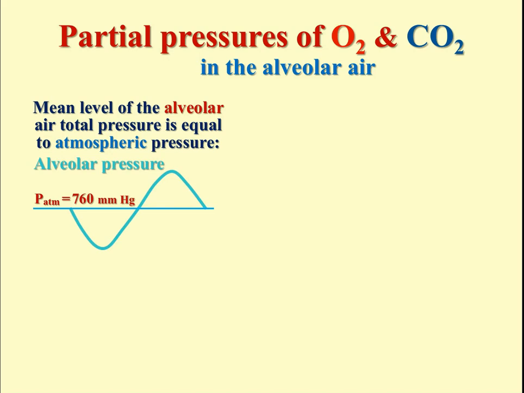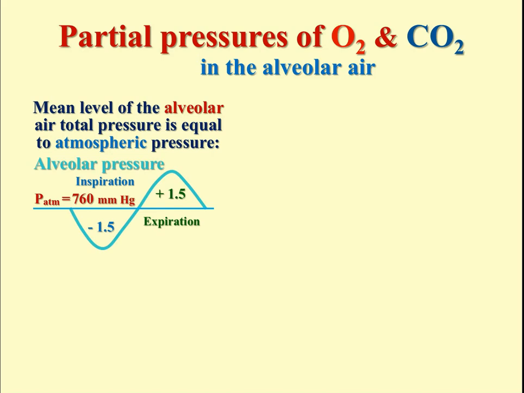For resting inspiration, it's a very little decrease, about 1.5 millimeters mercury less than atmospheric. And correspondingly for expiration, it's slightly above the atmospheric pressure so that air starts to move out.